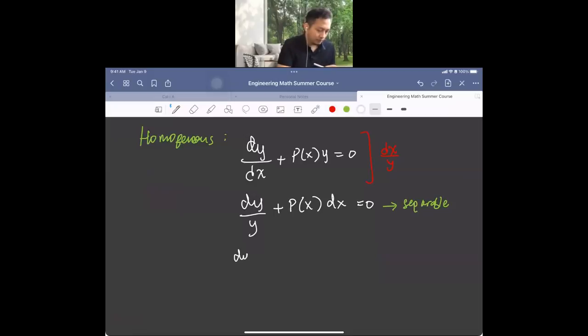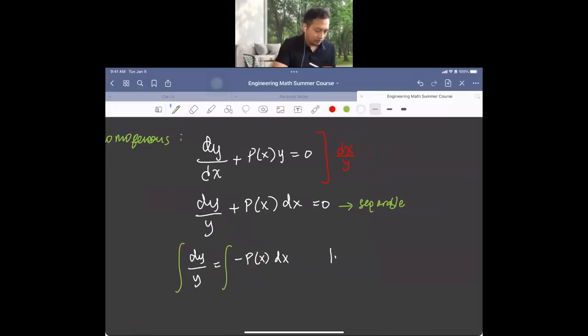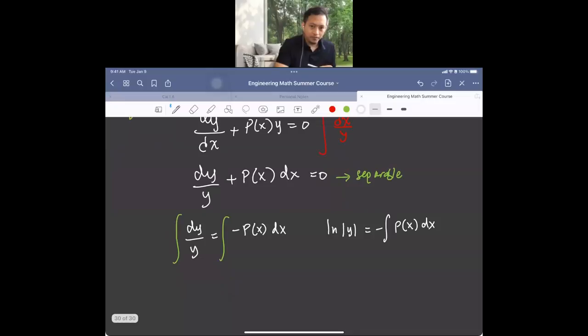Then integrating, this gives ln y equal to the integration of minus p of x dx, and we can have y, let's say yc, right?